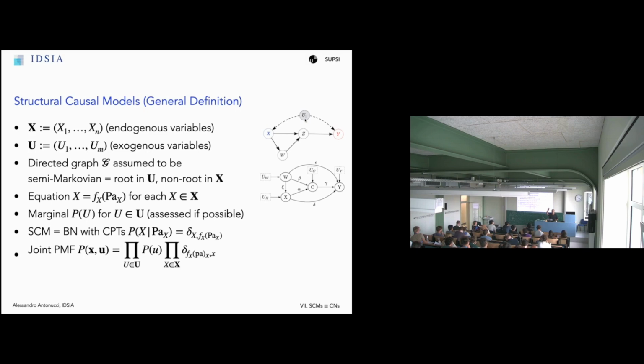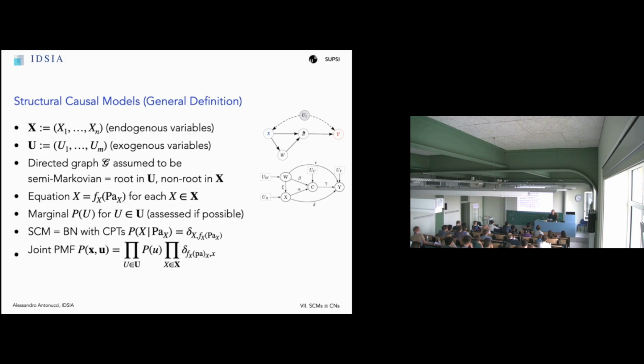The parentless variables are assumed to be the exogenous ones, the ones we don't observe. The non-root nodes, like this one, are assumed to be endogenous variables. And for these endogenous variables, we assume that we have the structural equations. So we assume that they are determined by their parents. This is the setup. So basically, we have a graph with a causal interpretation.